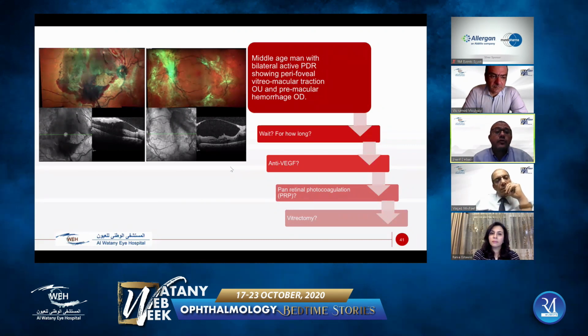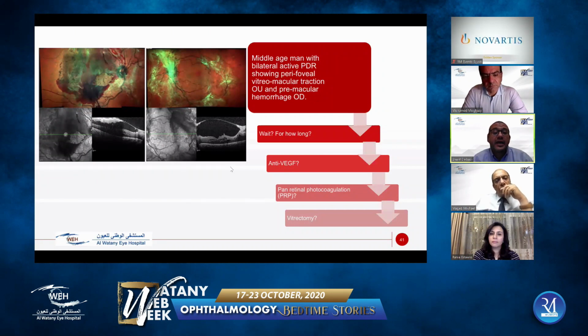The right eye, I would go for surgery from the beginning. Of course, it's a very active disease. So I would inject again pre-operatively by 1 or 2 days, and then do a vitrectomy for the right eye. The left eye is more challenging because the macula under the thickened posterior hyaloid is flat and dry with a preserved foveal pit.